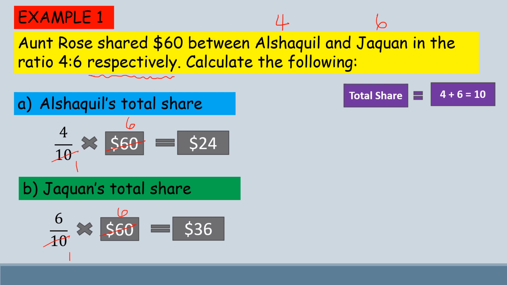Now sometimes you might not be too sure if your answer is correct. So what you can do is add up your totals, 24 and 36. 6 plus 4 is 10, 3 plus 2 is 5, and 1 will give us 6. So you notice that it works out to be the total amount of money that we had to share, $60.